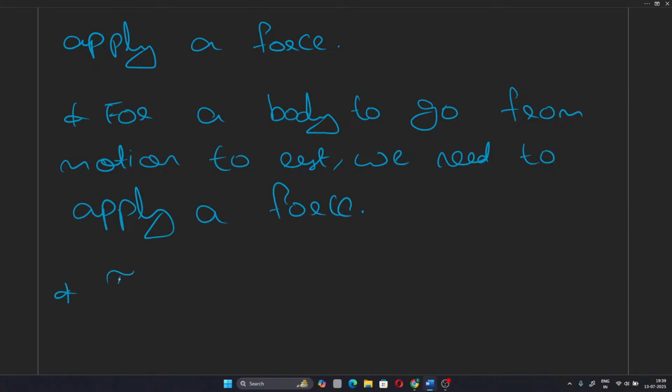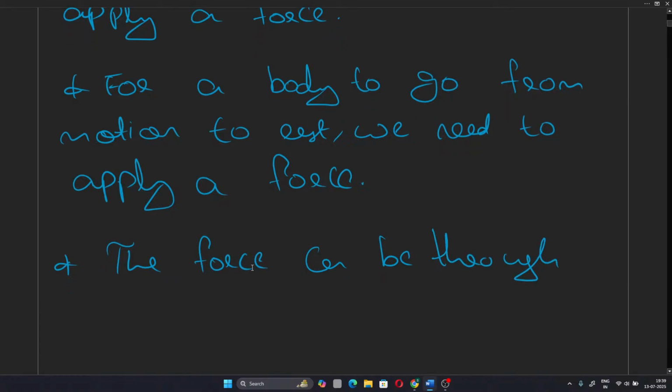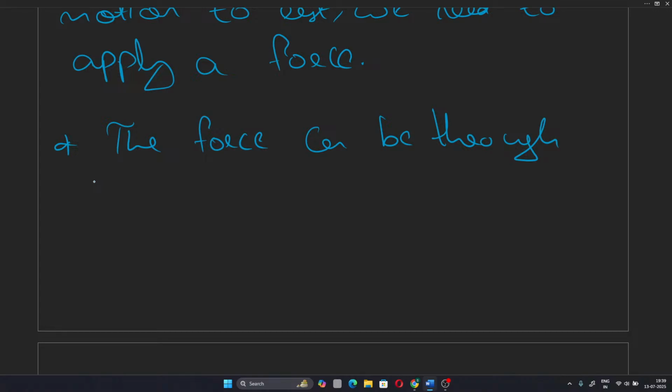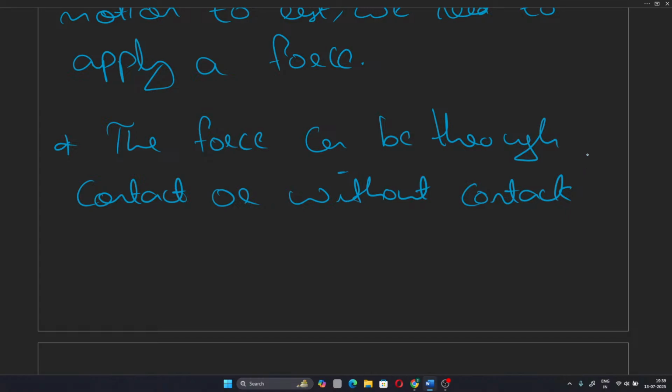The force can be through contact or without contact with the object.